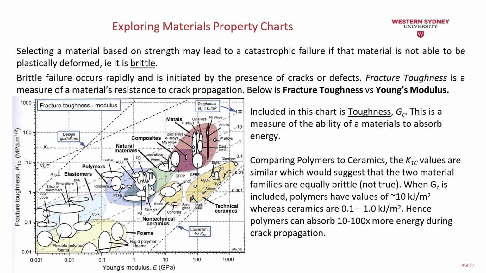That is not true, because when GC is included, polymers have a value of about 10 kilojoules per square meter, while ceramics have only 0.121 kilojoules per square meter. Hence polymers can absorb something like 10 to 1000 times more energy during crack propagation.